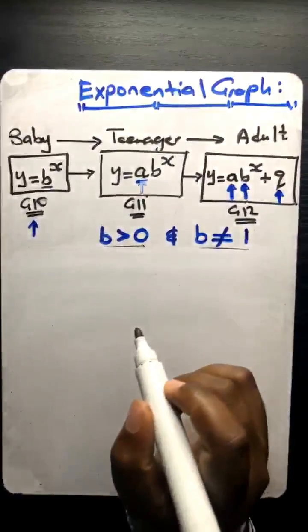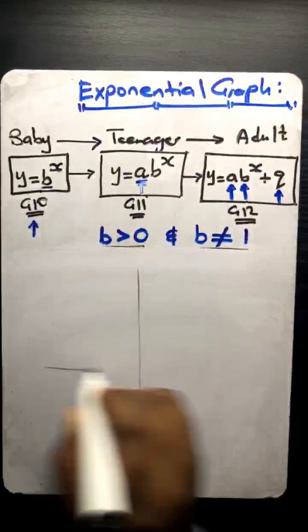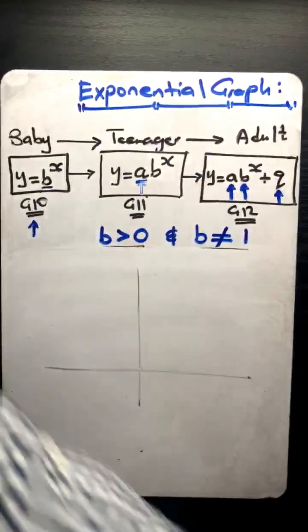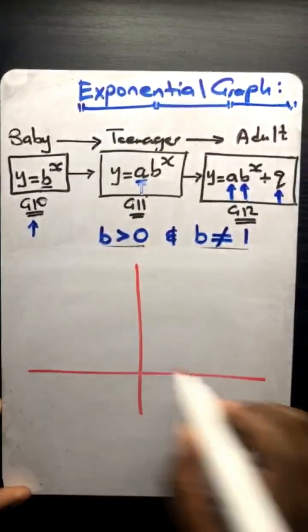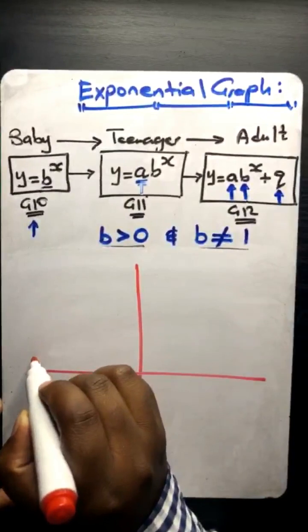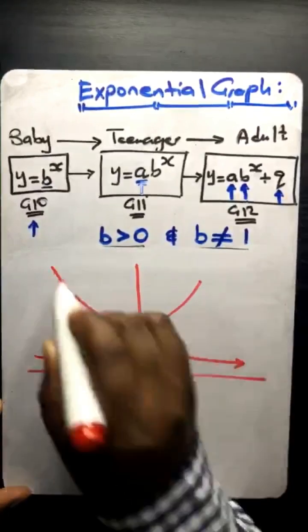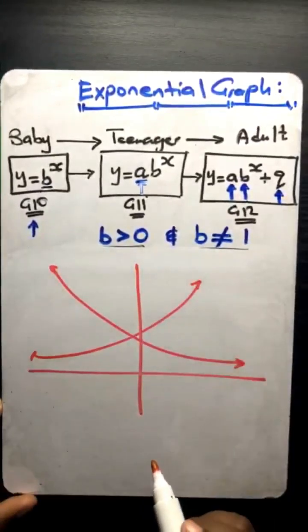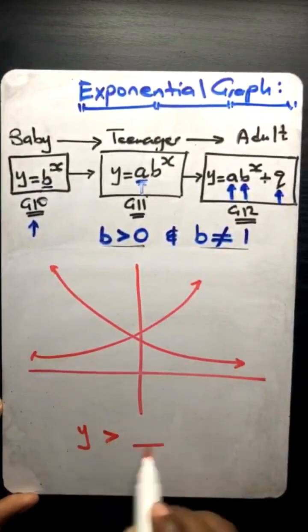So let's see. Now, for example, if you have a Cartesian plane there, it doesn't matter whether you have that or whether you have that. When we talk about the range, we just say y is greater than something.